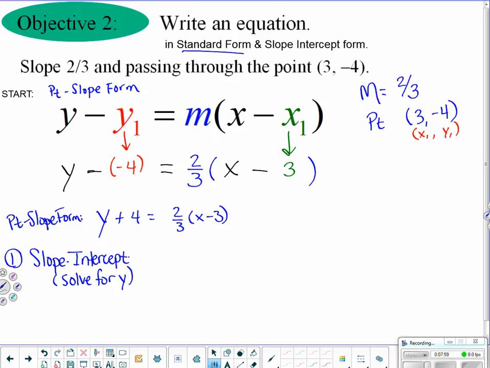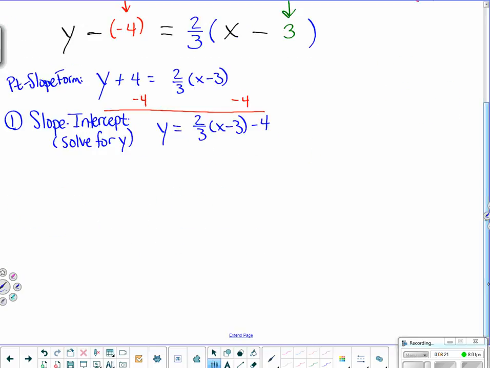To do that, I want to subtract 4. Okay, this will look a little bit messy. I'm going to subtract 4 from each side because we're going to have some fractions still existing here. I've got this 2/3 x minus 3 minus 4. Now that's not quite in the format that I'm thinking of. I bet it's not what you're thinking either.